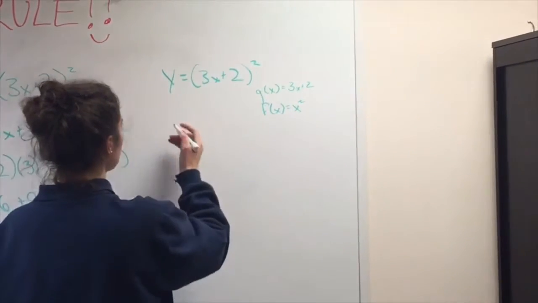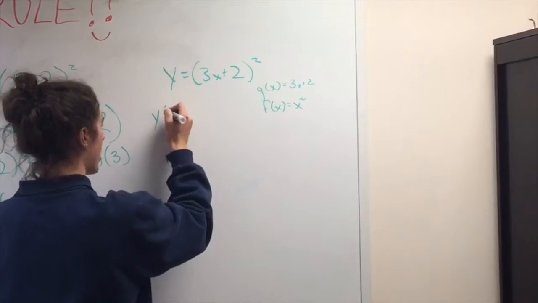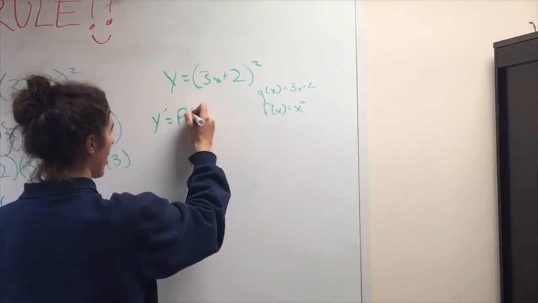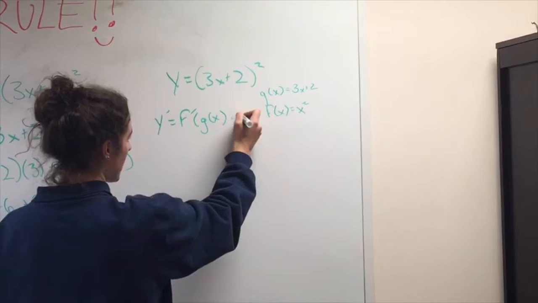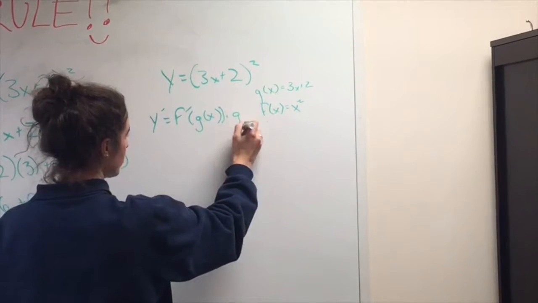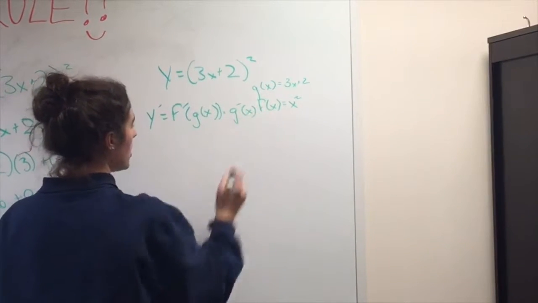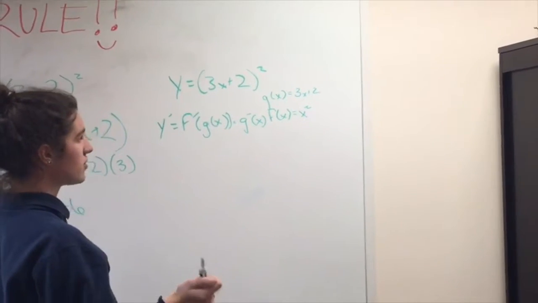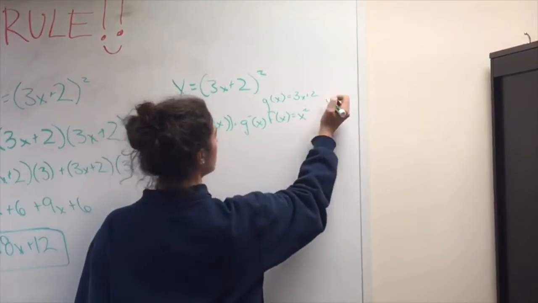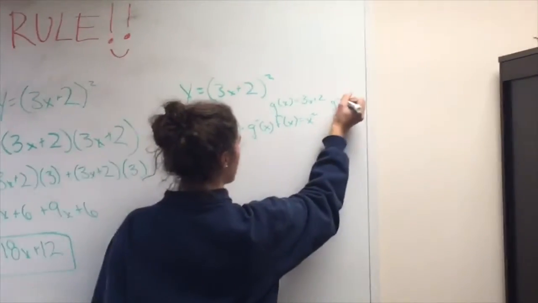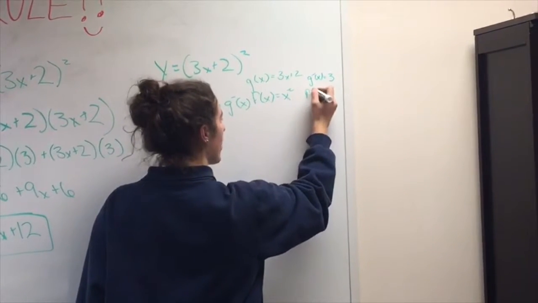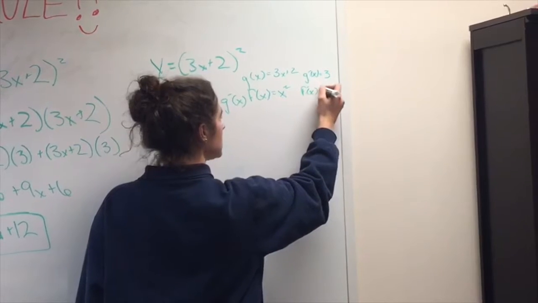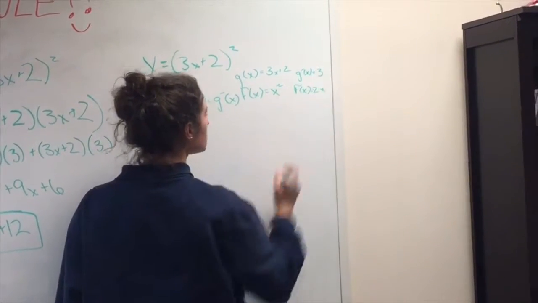So the chain rule says we have y prime equals f prime of g of x times g prime of x. So if we find the derivative of each of these functions, we get g prime of x equals 3, and we get f prime of x equals 2x.